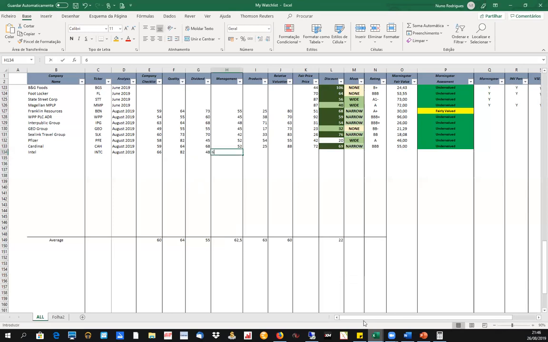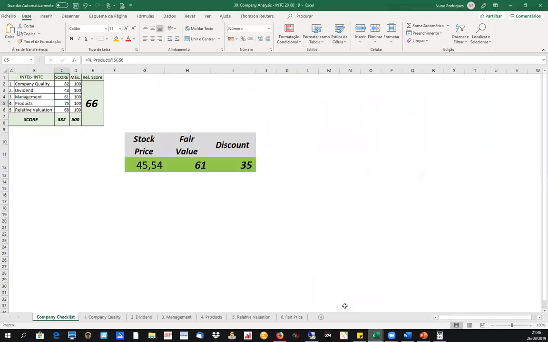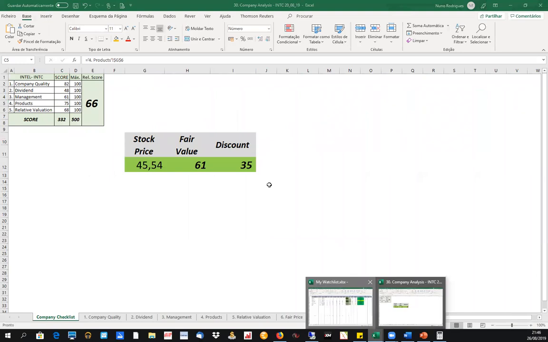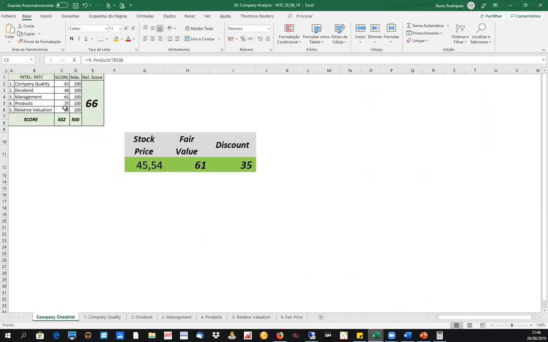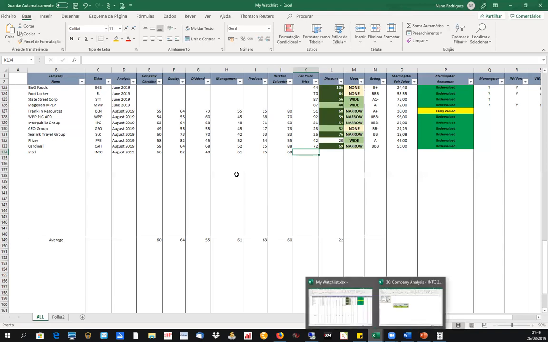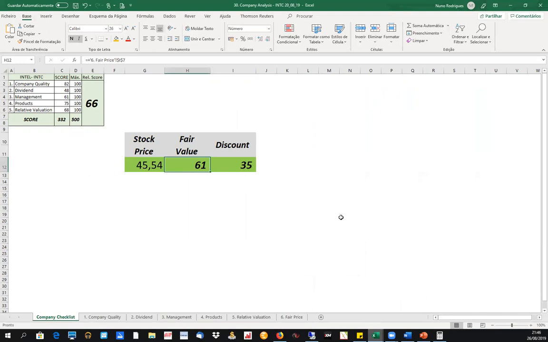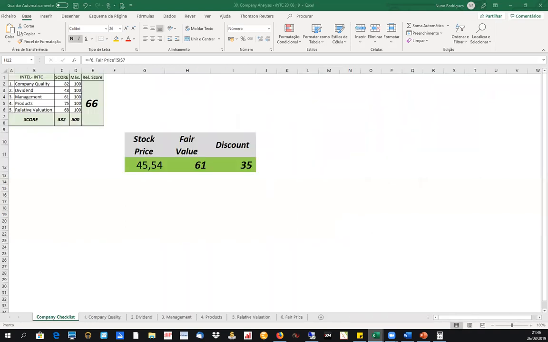Now products, 75. And relative valuation, we have a 68. Fair price. So the fair price would be $61. So this gives us a 35% discount, correct? Yes, 35% discount.